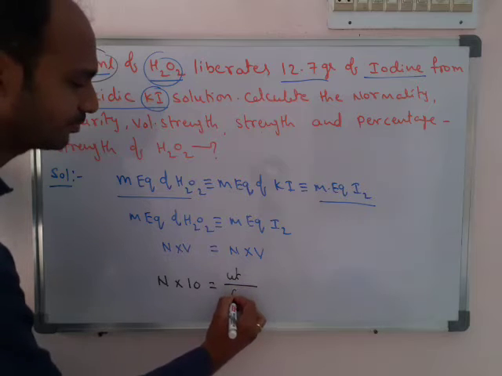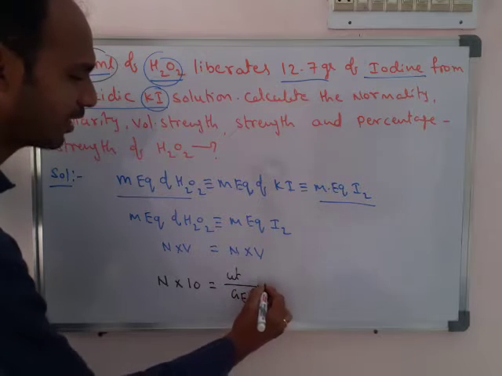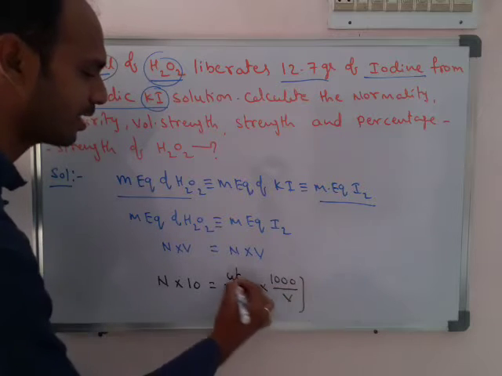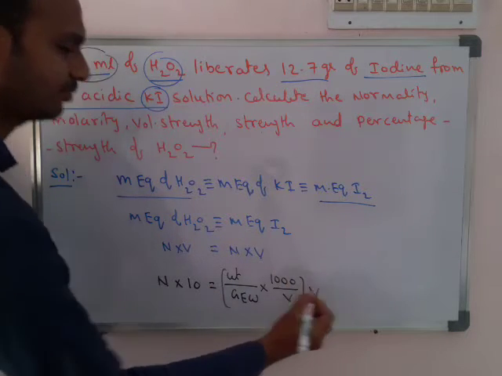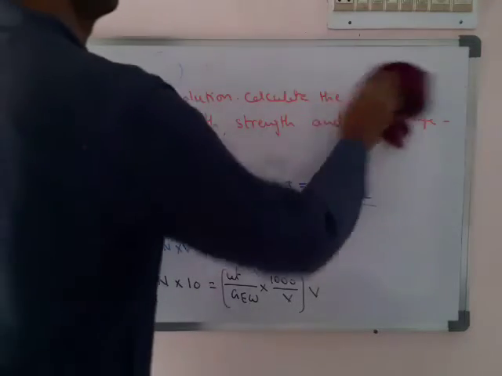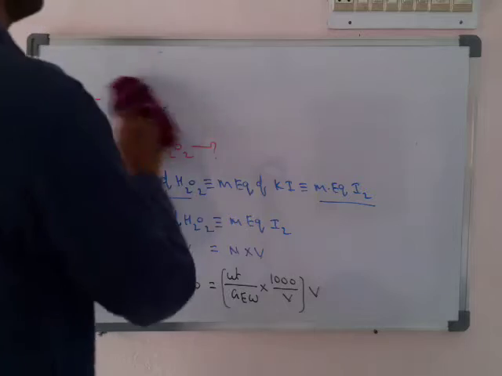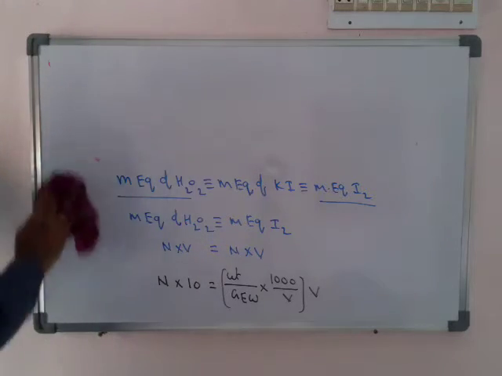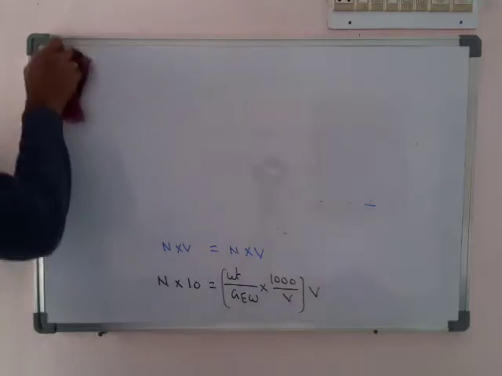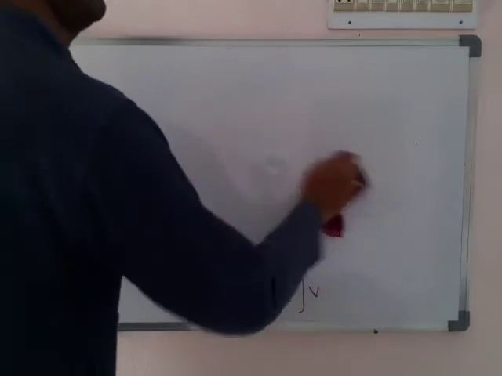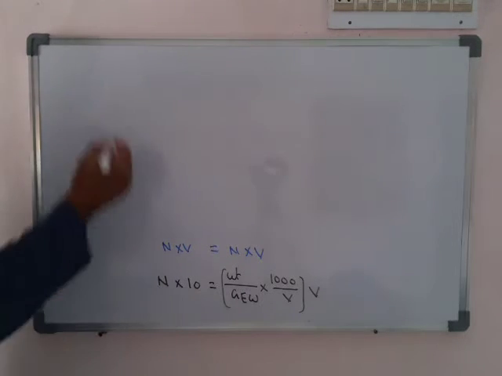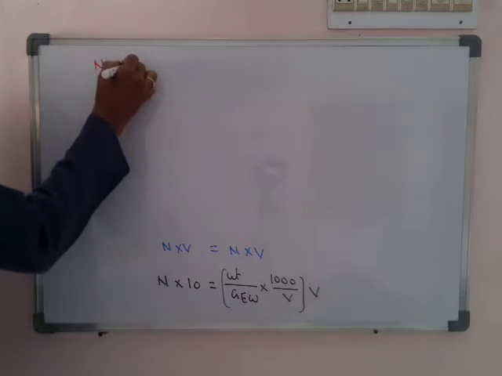Weight by gram equivalent weight into 1000 by V. So we can write normality into 10.